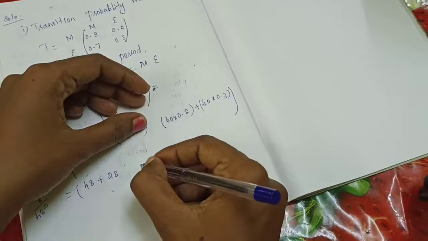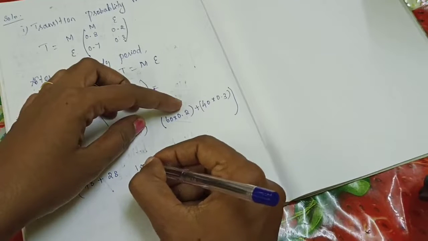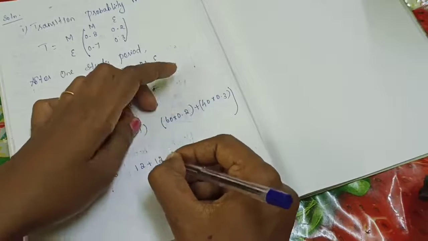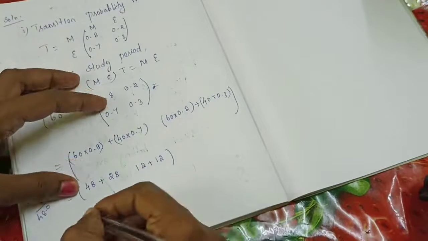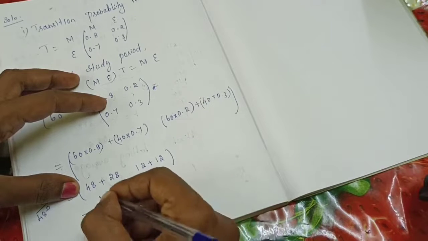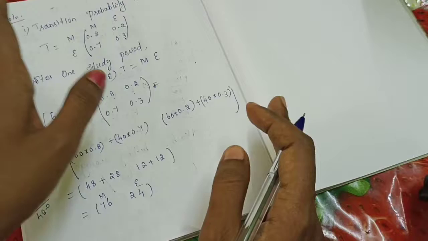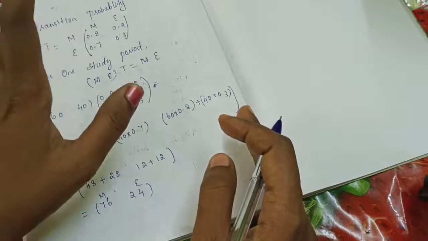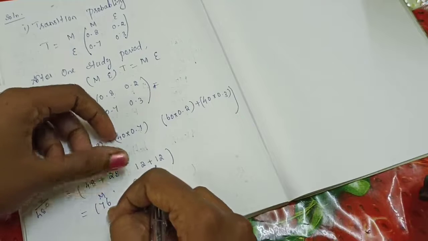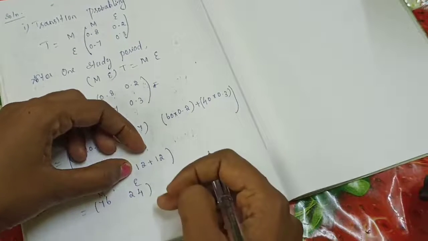Then here also same thing. 60 into 2 means 12, 40 into 0.3 means 12. Please multiply and see. Add it. 76. This is 24. This is M value, this is E. Understand? So in the very next study period, there will be 76 students do maths work and 24 students do English work.